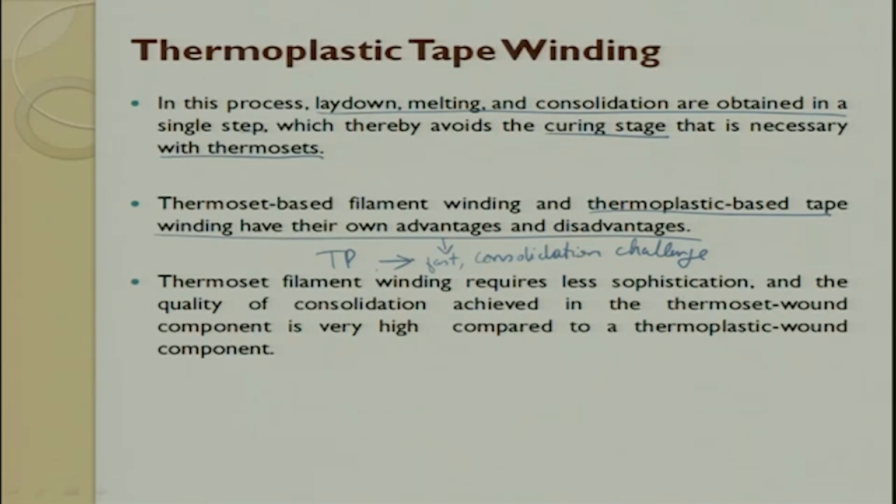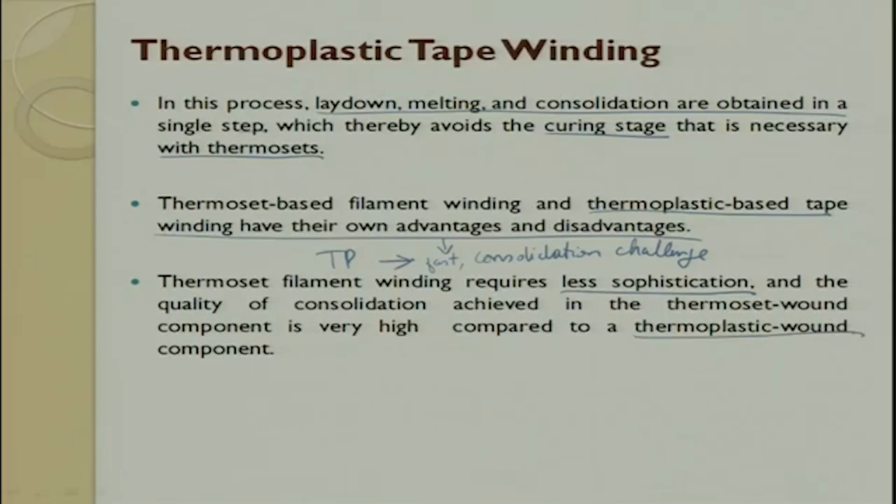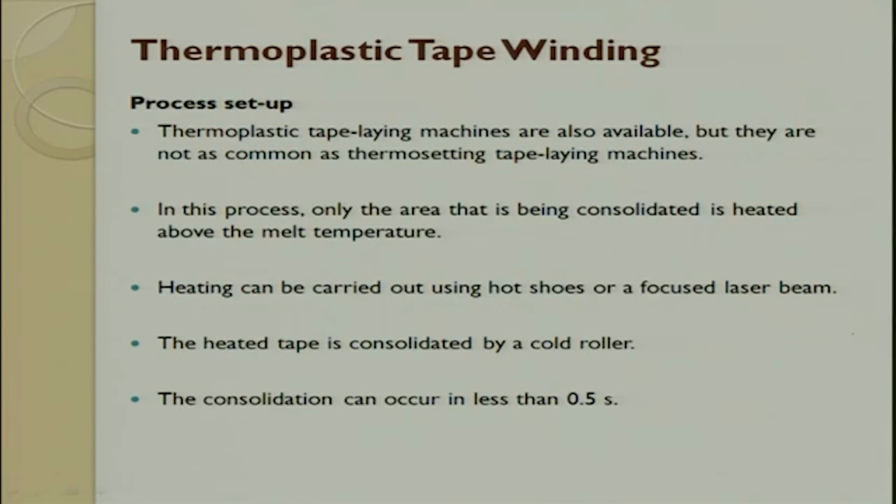So, thermoset filament winding process is less sophisticated. So, we can get it done much faster. Even an ordinary lathe machine you can start using it. If you start wetting the fiber and then pass it through a tool post on the mandrel, you get output, but as far as thermoplastic is concerned, it needs slightly higher sophistication.